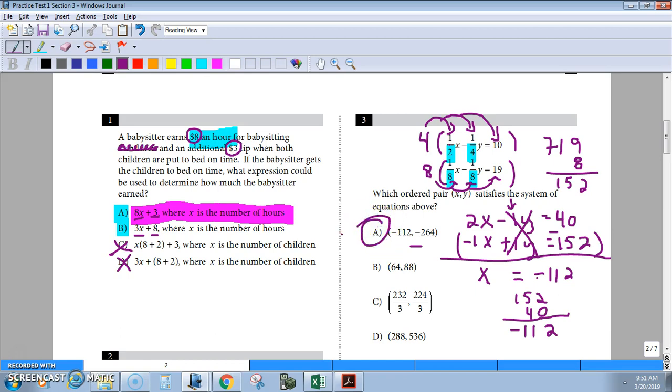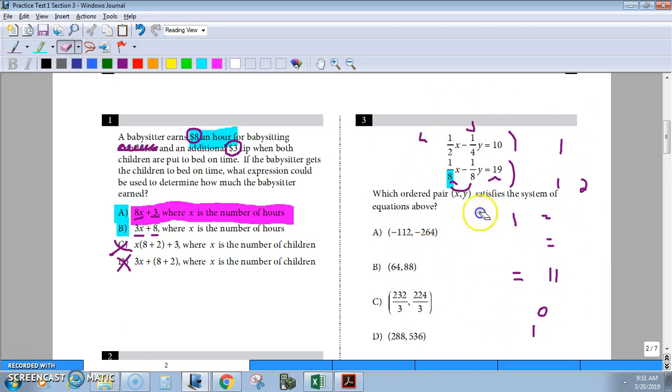The other thing you can do, but it might even be harder, is to put the answer into the actual equation. What that looks like would be, in this case it would have been quick maybe because the answer was A, but remember this is x, this is y, my input, my output.